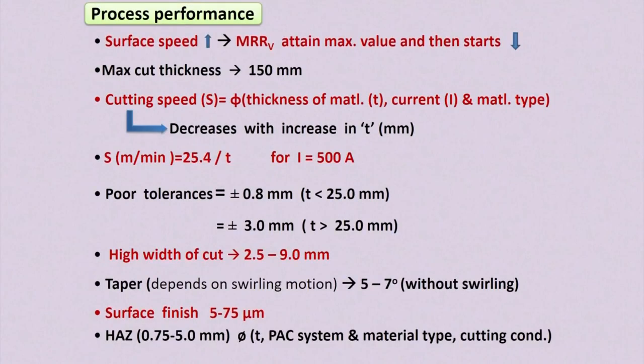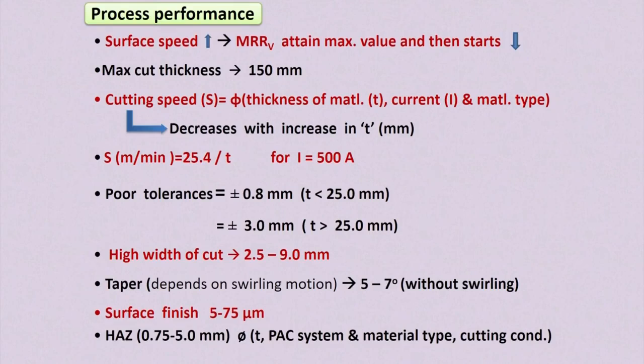So this cutting speed depends on the thickness of the workpiece material you are cutting, the workpiece material property and the surface speed of the workpiece material. It is a function of thickness T, and also a function of current I. The cutting speed decreases with the increase in thickness.